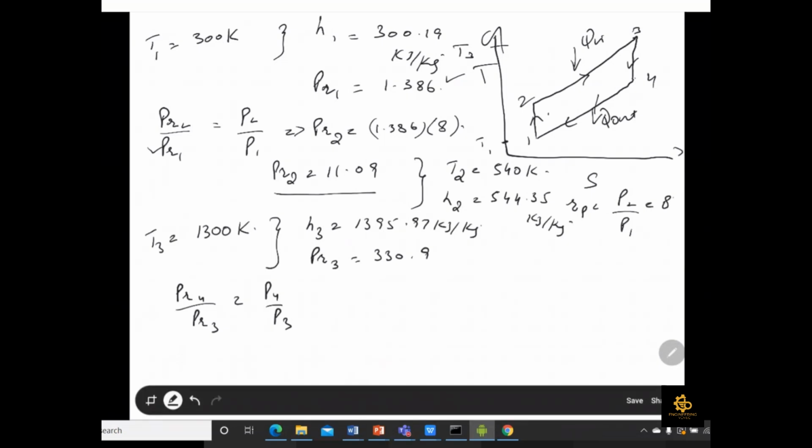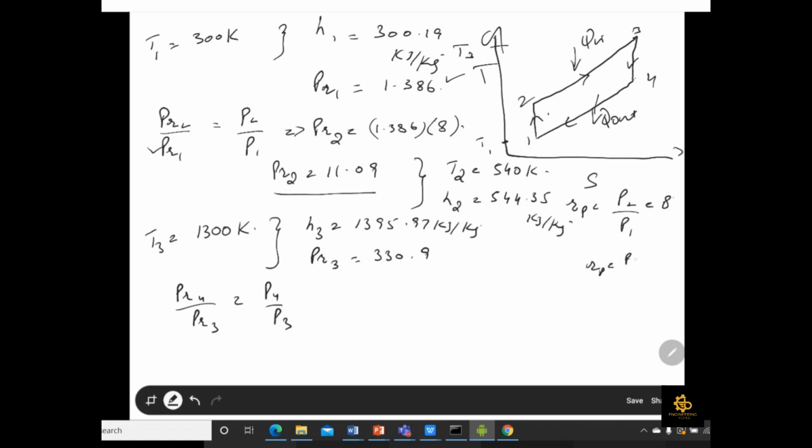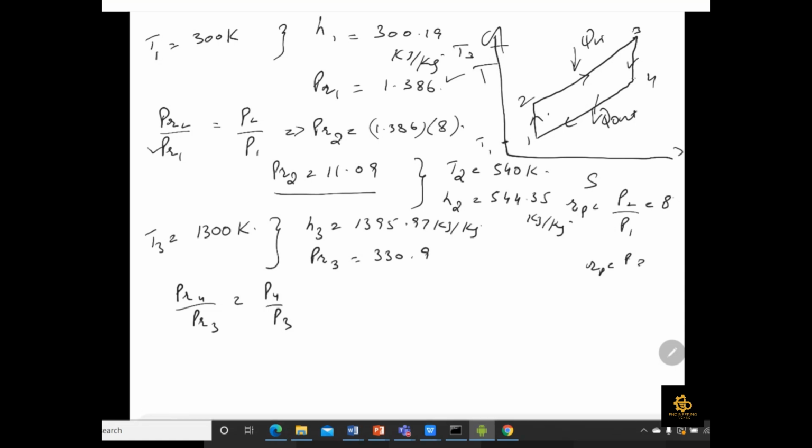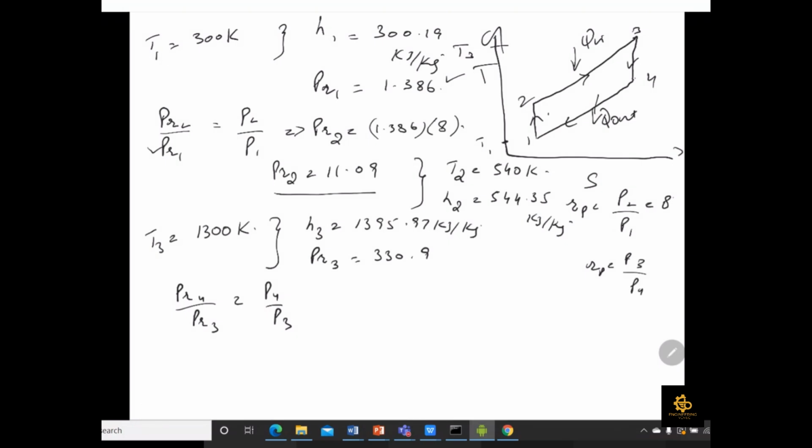So we need the value of another parameter at point number 4. And you already know that Rp is equal to P3 over P4.